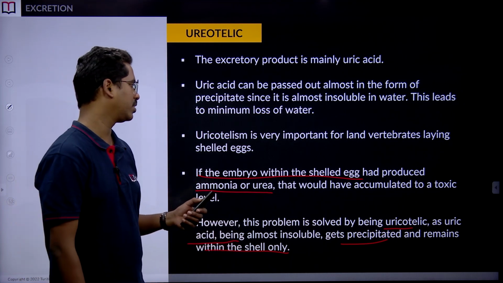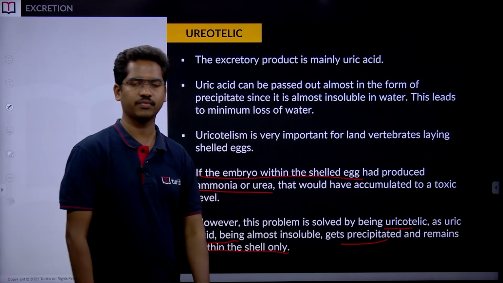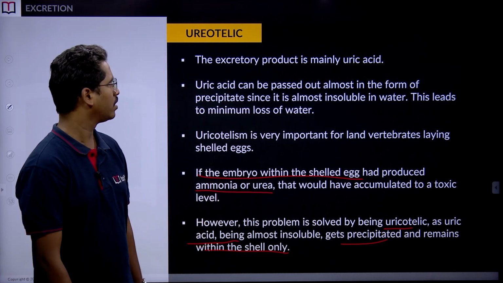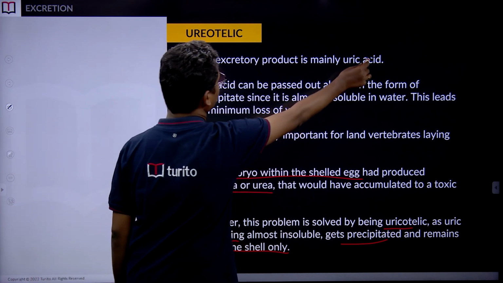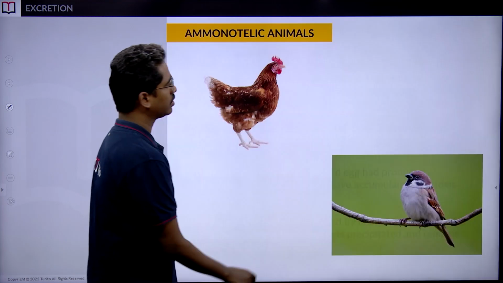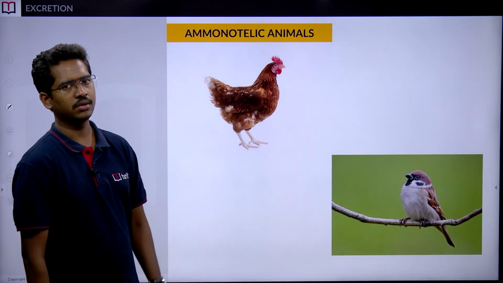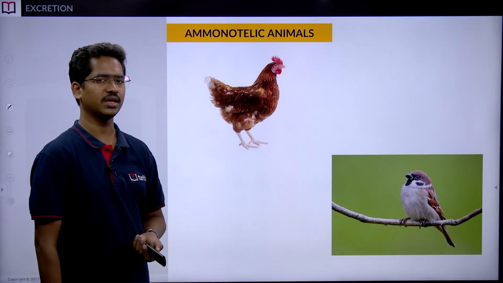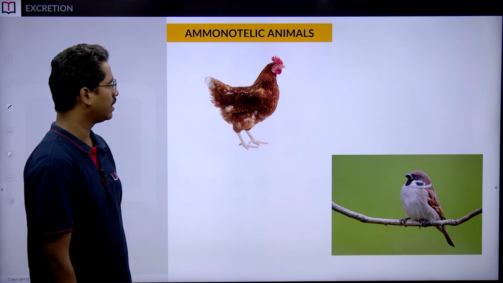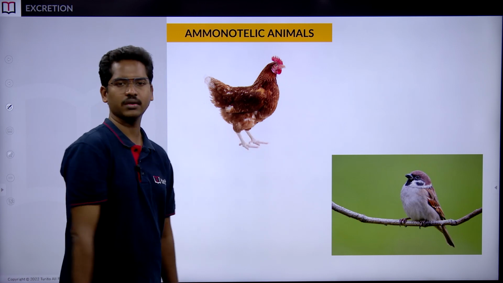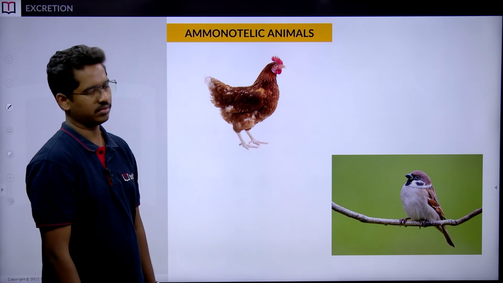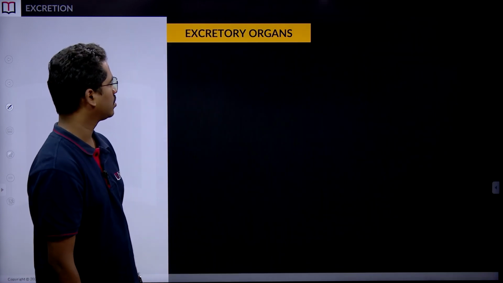That ends up giving us this concept of uricotelic organisms, where the main product is uric acid. Since it is mentioned about shelled egg laying land vertebrates, it is referring to birds, right.